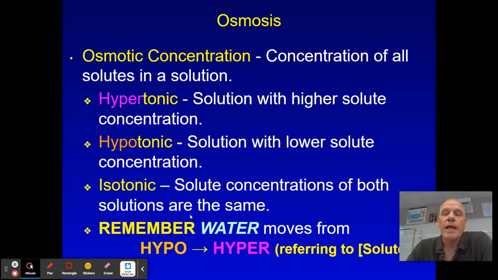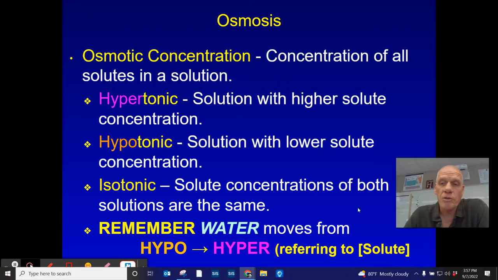And when we talk about how water moves, this is also important to recognize. Water moves always from a hypotonic environment to a hypertonic environment, and in that, we are specifically referring to the solute concentration. So where there's a low solute concentration, there's a high water concentration.